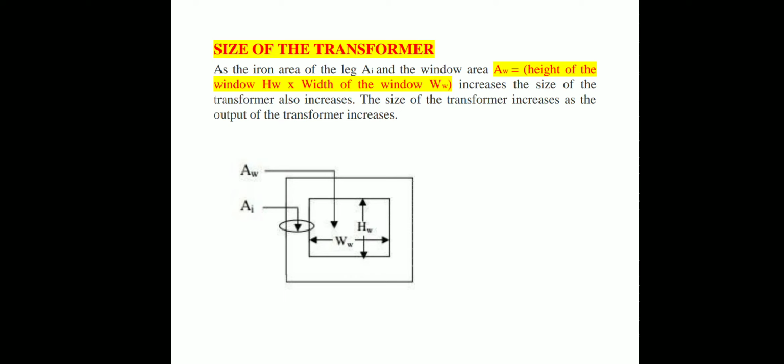That means if you want more output from a transformer, you will need a larger transformer. It means the higher the requirement of output from the transformer, the larger the size of the transformer required.